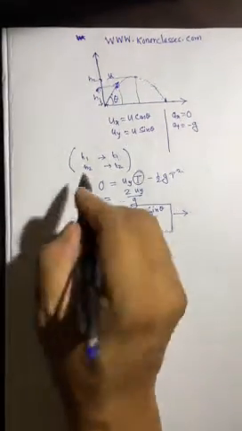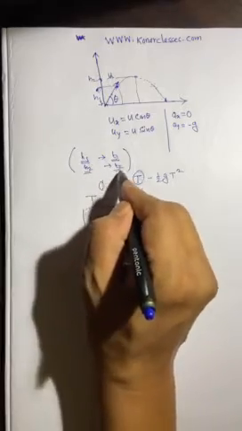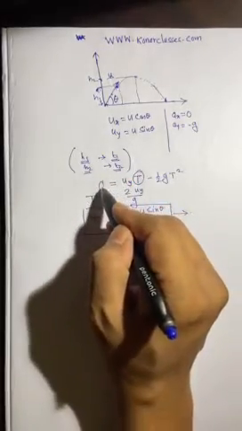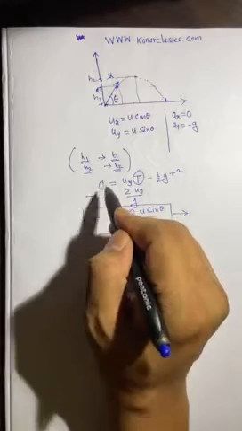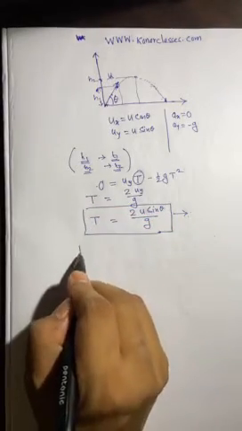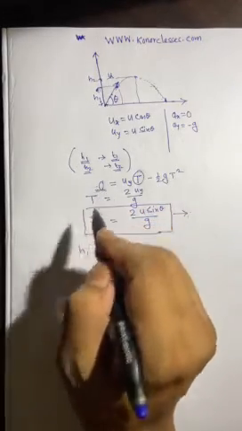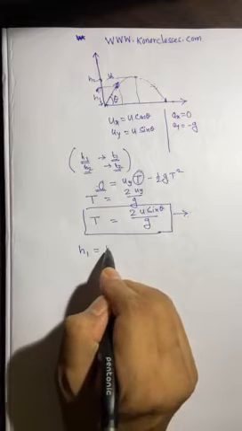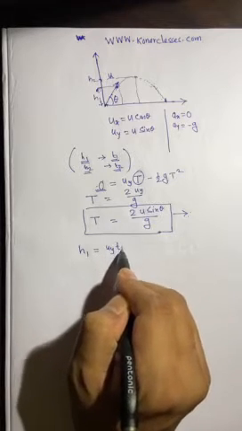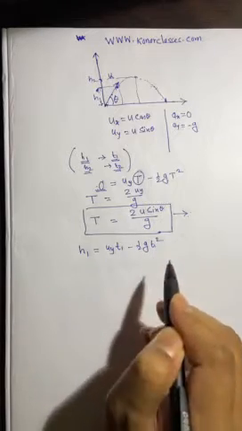Okay, now at h1 it takes t1, at h2 it takes t2. From this same formula, at the total time of flight y is 0, but at h1 it will be h1 equals uy t1 minus half g t1 square.